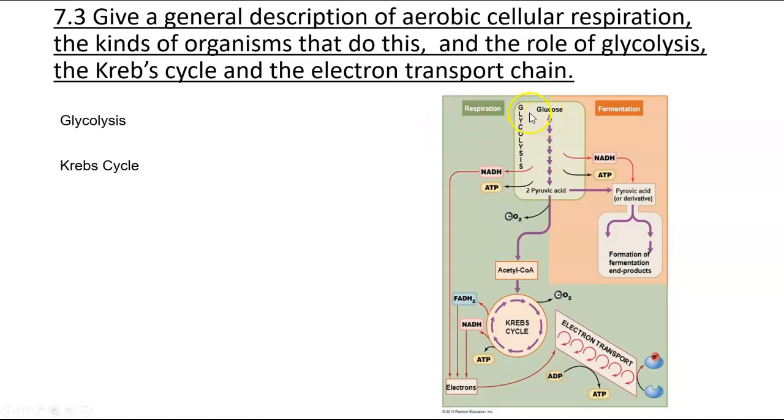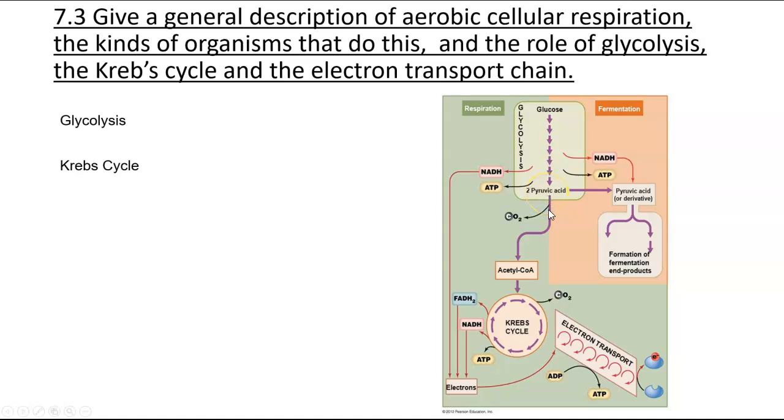The second part of aerobic cellular respiration is we go from pyruvic acid, the 2 3-carbon molecules. They can be taken apart even more. We can break the bonds between those and get more energy out of it.